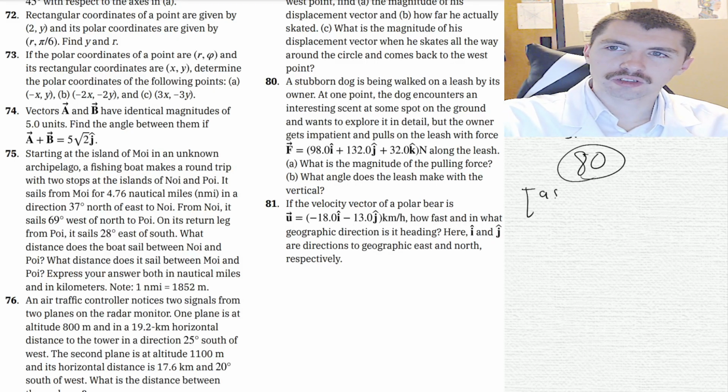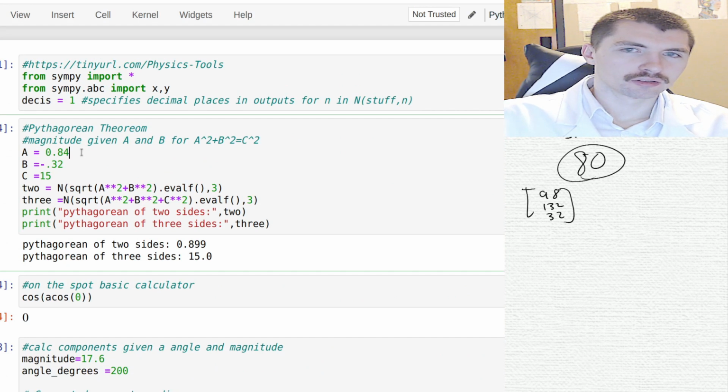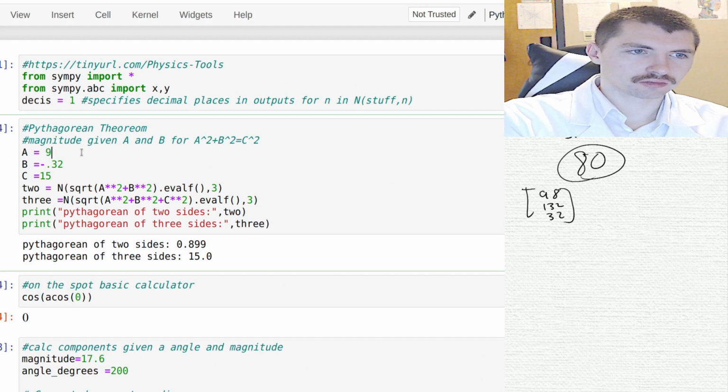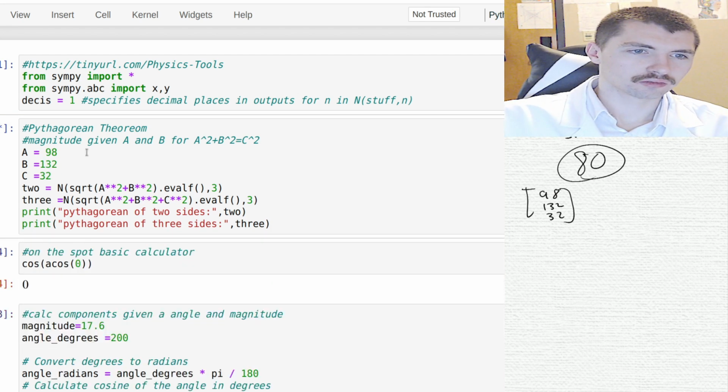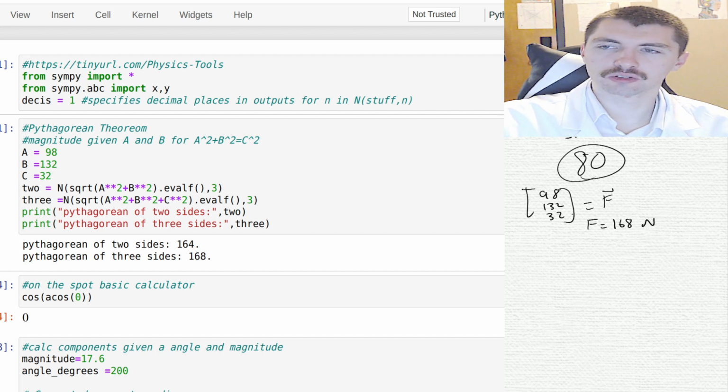So 98, 132, 32. Think what the magnitude of that. Oh, it's going to be newtons.